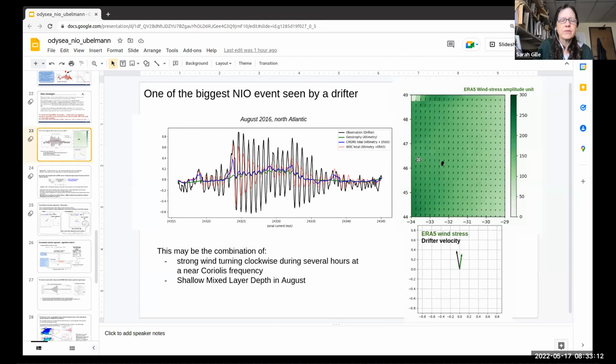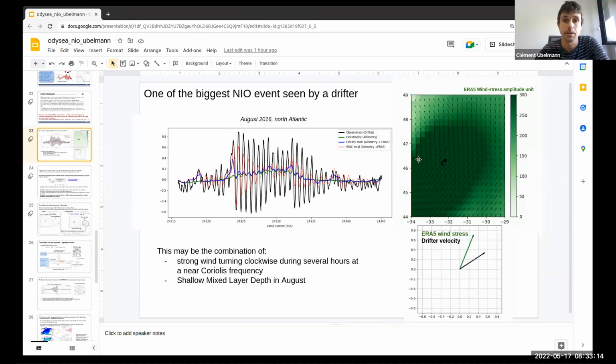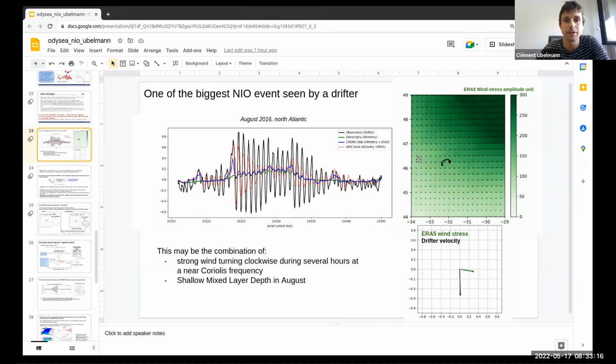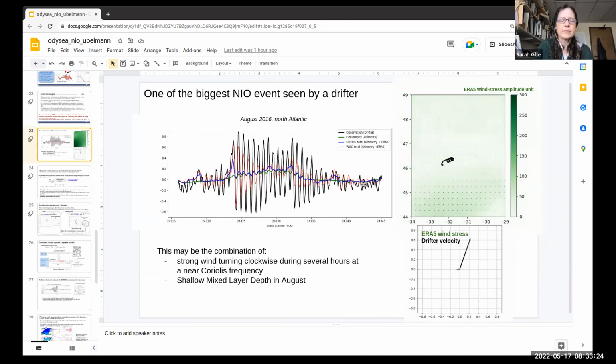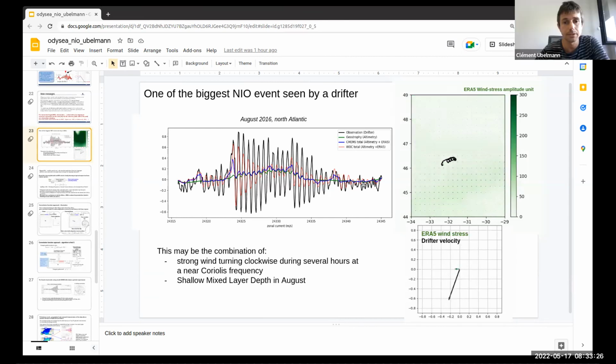It's probably a mid-latitude storm, but a summer one, which typically are smaller, not as intense, but in terms of NIO, because of this shallow mixed layer, can trigger NIOs. I haven't looked at more extratropical drifters to pick my event. So maybe that's something we should also look at, more equatorial drifters, to see if we see interesting stuff.